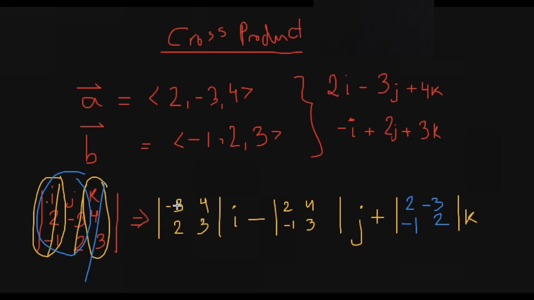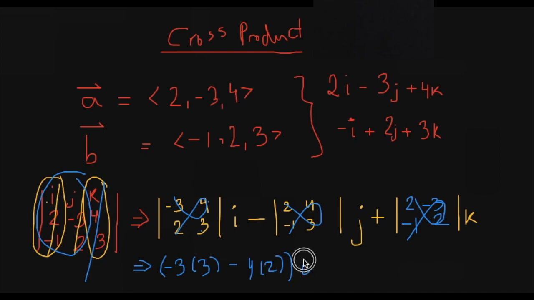Now, we are going to multiply each of the numbers in this matrix like so, in this direction. So this is how we do that. Multiply negative 3 by 3, then we subtract it from the multiplication of 4 times 2. And that is our i bracket. Next, we keep the subtraction sign.